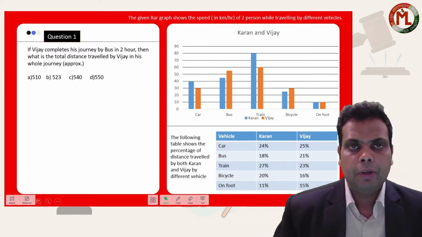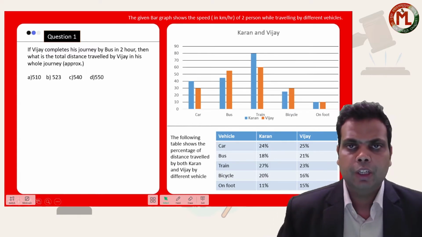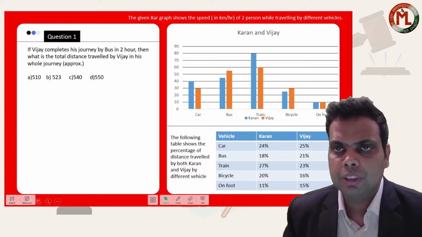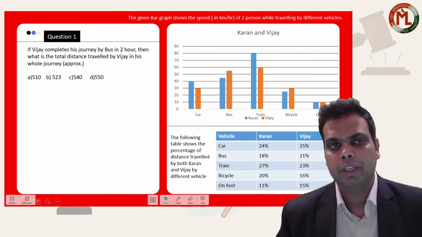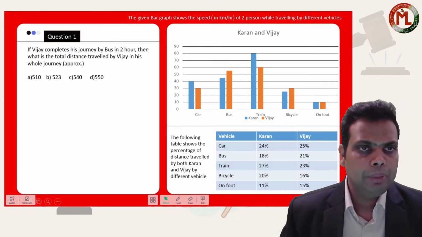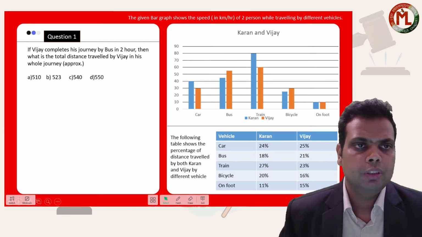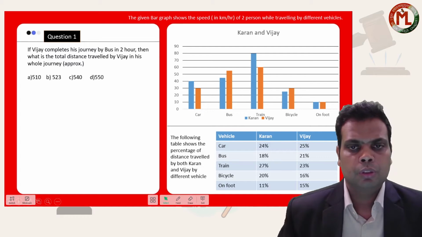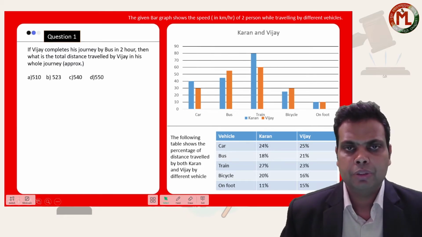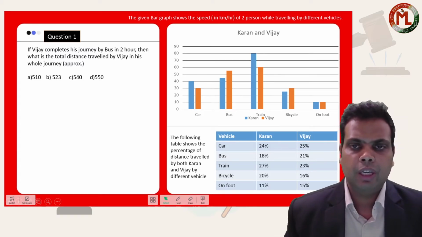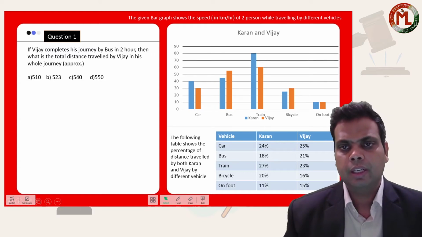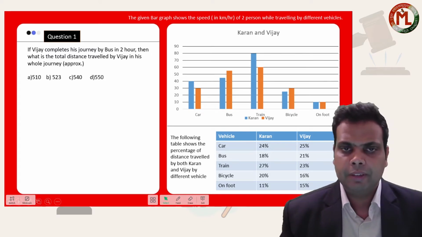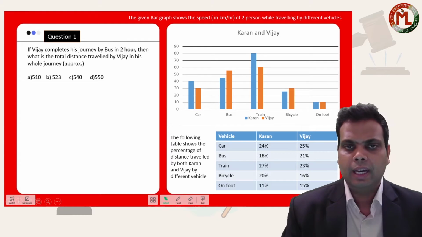The given graph shows the speed in kilometer per hour of 2 persons while traveling by different vehicles. If Vijay completes his journey by bus in 2 hours, then what is the total distance traveled by Vijay in his whole journey? The question defines a graph in which the speeds of Karan and Vijay are given, if they travel by car or by bus.